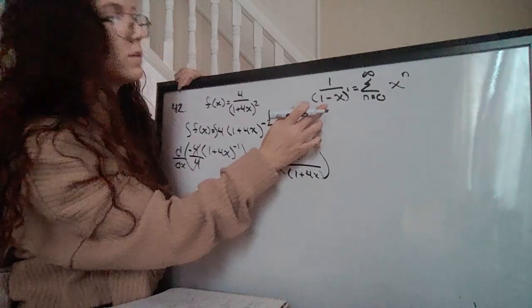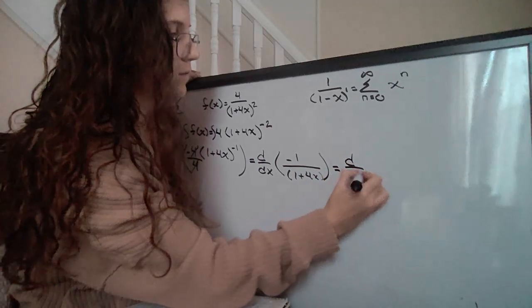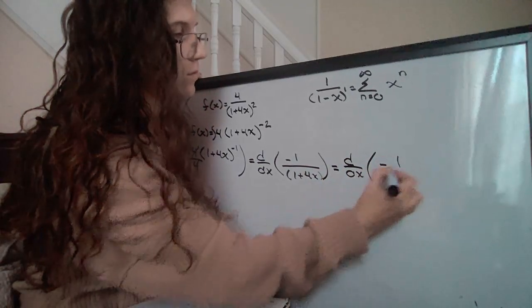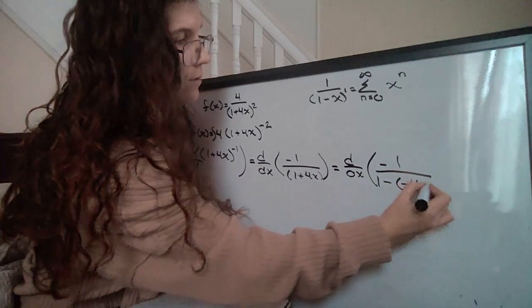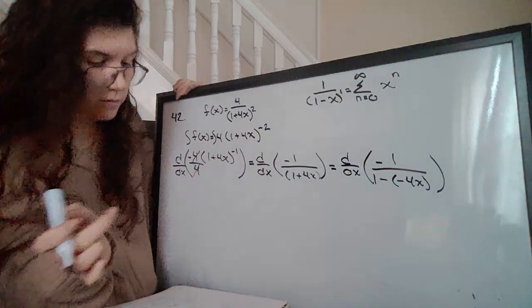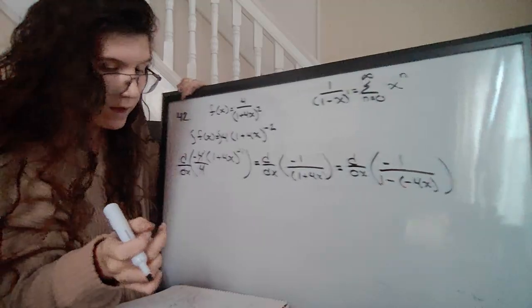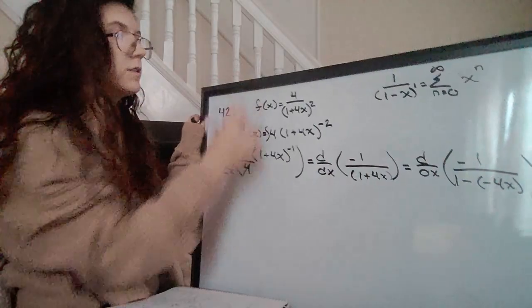So I can rewrite this. I need a subtraction, so I can rewrite this as 1 minus negative 4x, so that I have my minus sign here. And then, because I have that, all I need to do is utilize this formula.